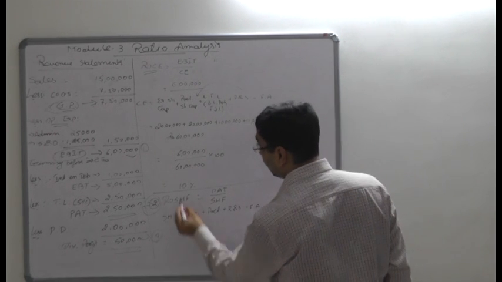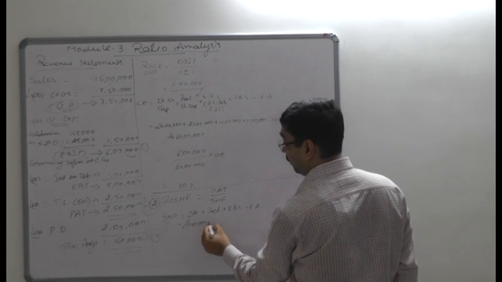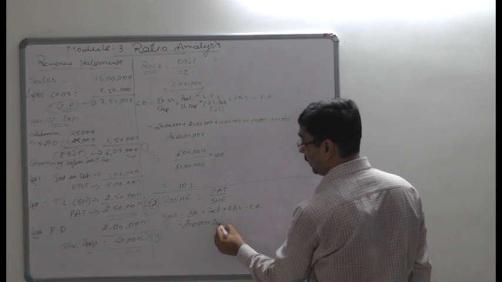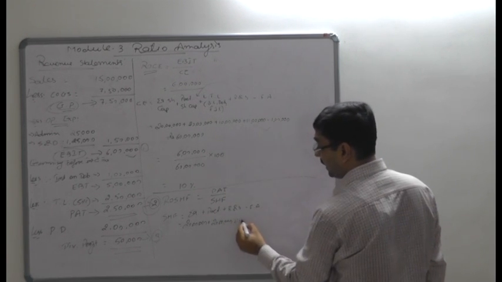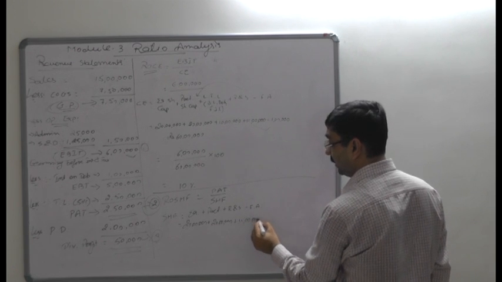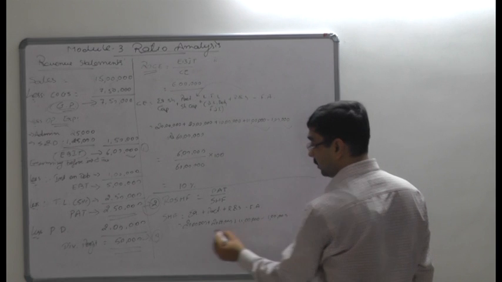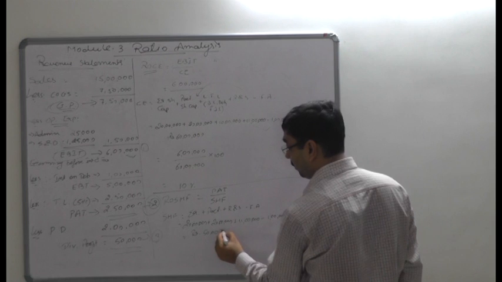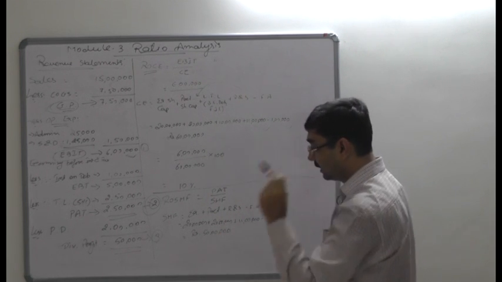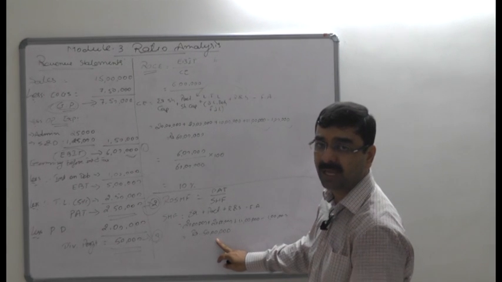Equity share capital was given as 20 lakh rupees, preference share capital is also 20 lakh rupees, reserves and surplus is 11 lakh rupees, and fictitious asset is 1 lakh rupees. So the shareholders fund remaining after deducting fictitious assets is 50 lakh rupees.